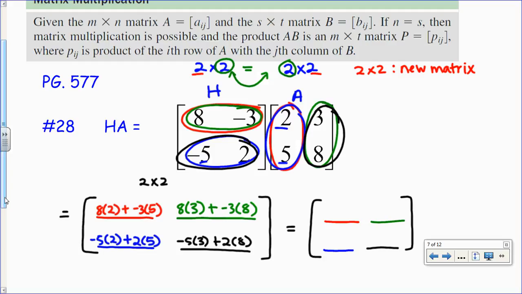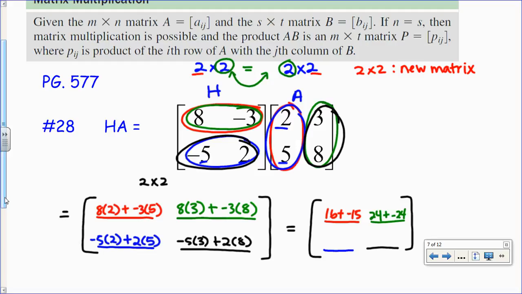Alright, I would just then simplify these all together. Type them in your calculator if you want all together. But if I write it out, 8 times 2 is 16 plus negative 15. And then I have 24 plus negative 24.